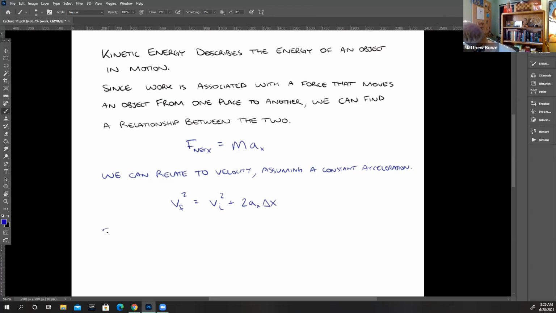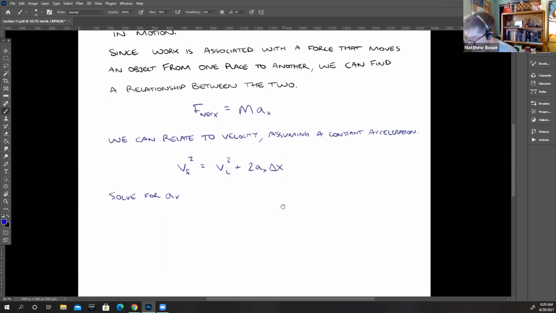We will solve for this acceleration and substitute that into that top equation. Let's solve for acceleration.